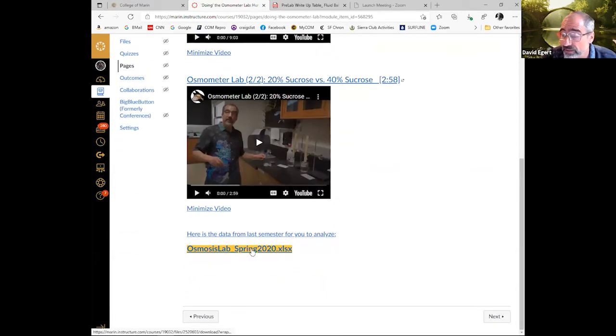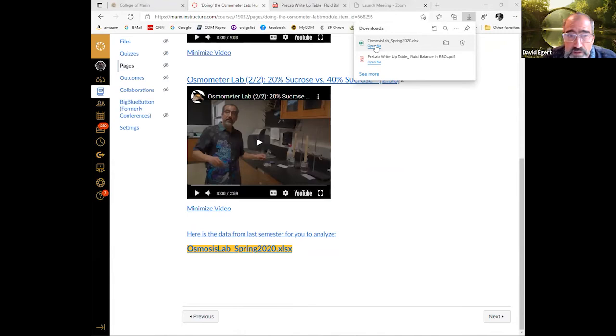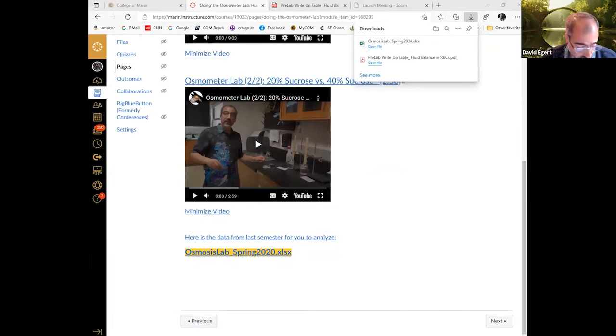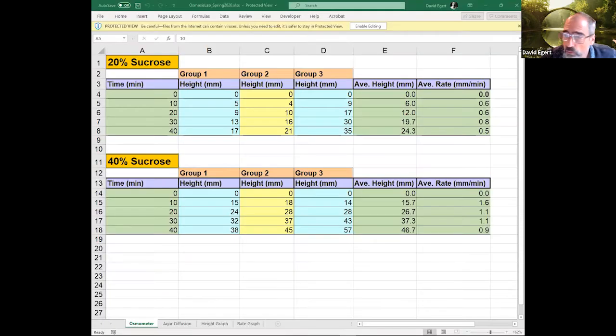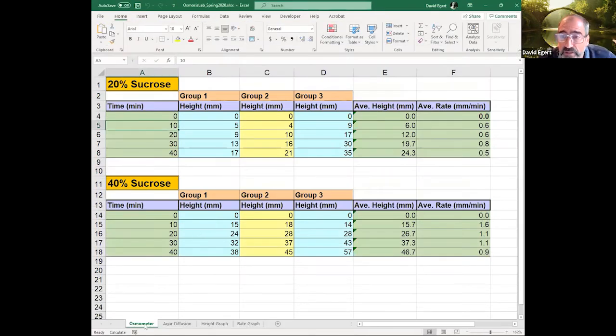And then here's this data. When you're looking at the data, make sure that you realize that there are tabs on the bottom, like here for osmometer.